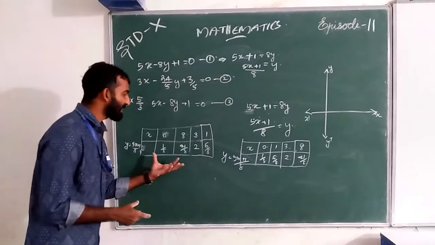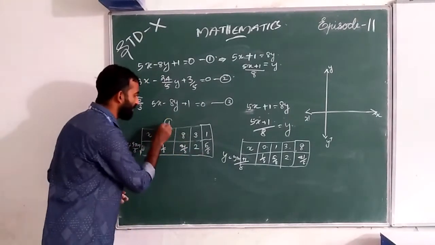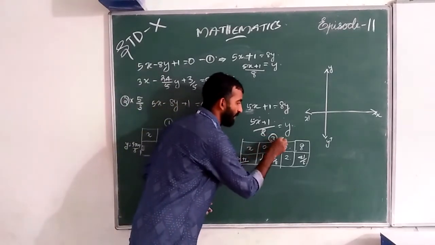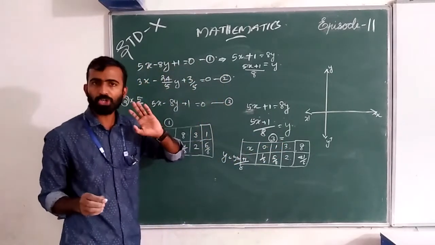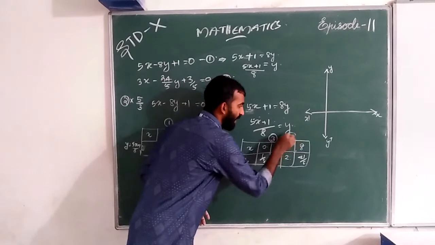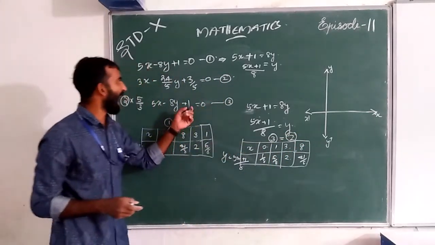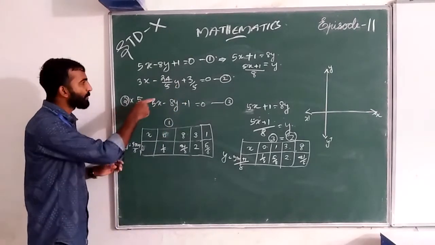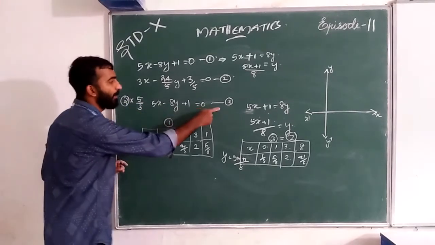That is, we can see the x coordinate for equation number 1 and equation number 3. Equation number 3 is actually equal to equation number 2, because when I multiply equation number 2 by 5 by 3, I get equation number 3.